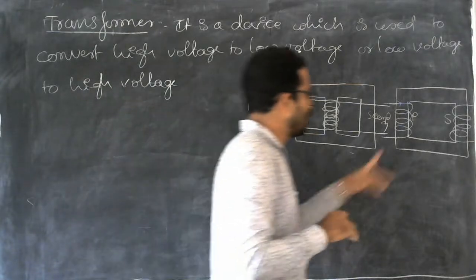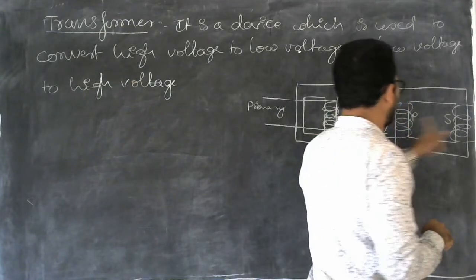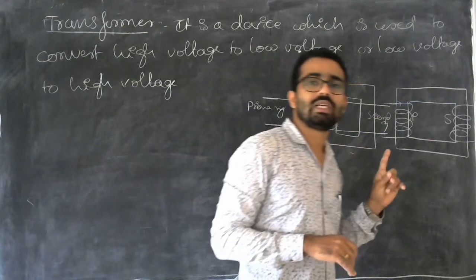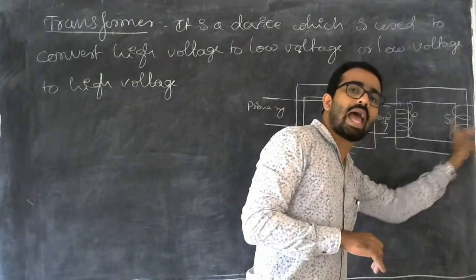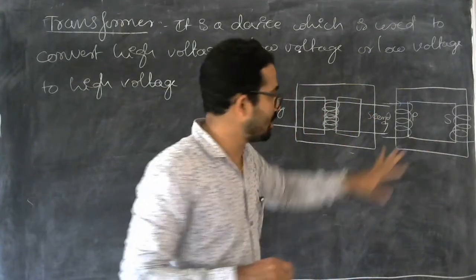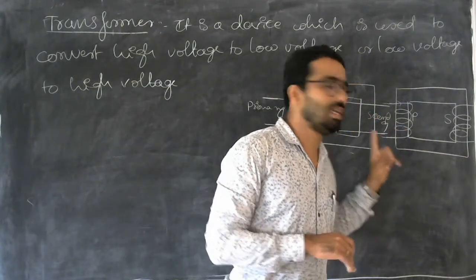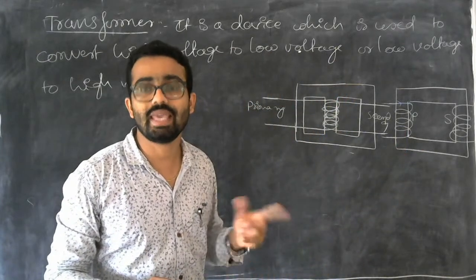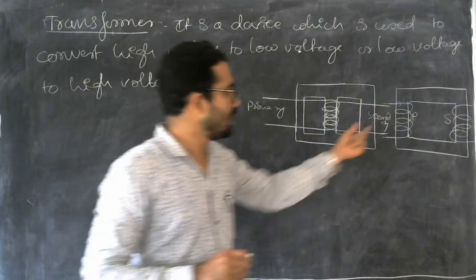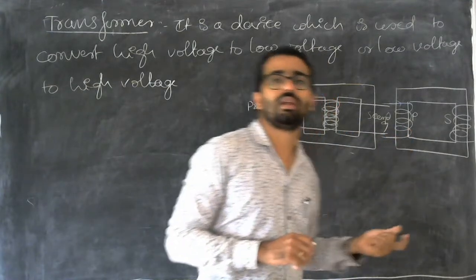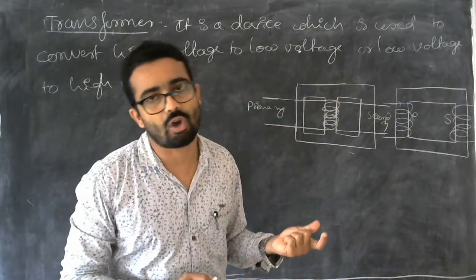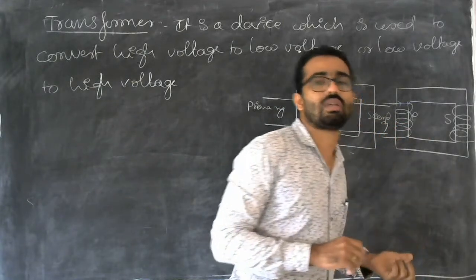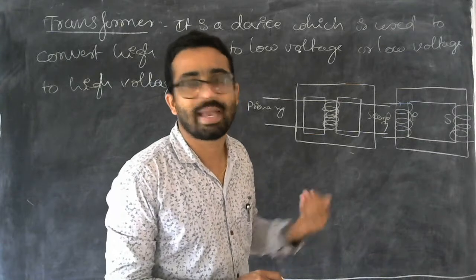That is why flux will be linked with both primary and secondary. That is why an EMF will be generated in the secondary as well as in the primary. The EMF generated in the primary can be called a back EMF. That you already know. This looks like a self-inductance coil. That is why an EMF induced in a self-inductance coil is called a back EMF.